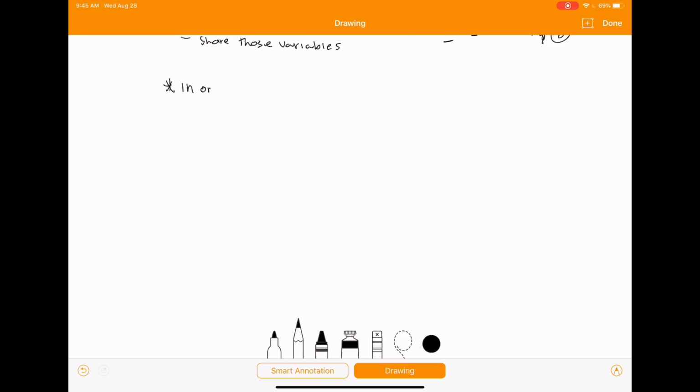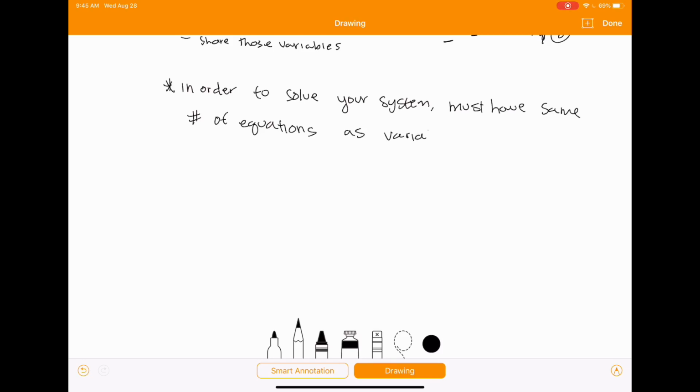In order to solve your system, you must have the same number of equations as variables.